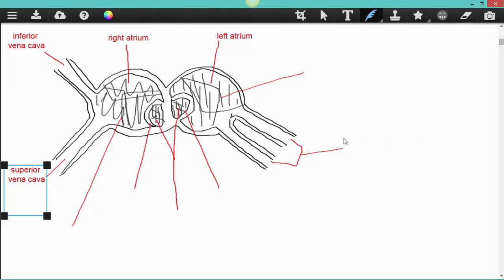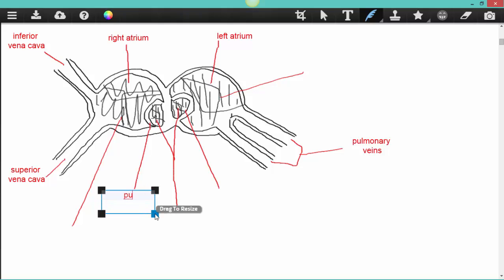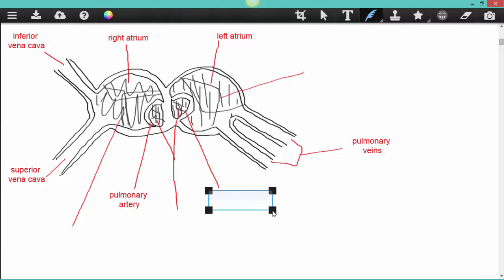And this, as it is in the left atrium, would obviously be the pulmonary veins. This is the pulmonary artery, and this the aorta.